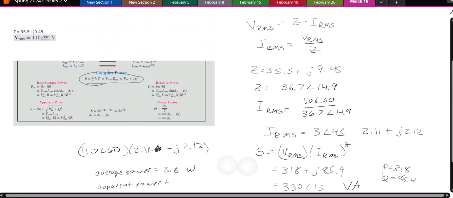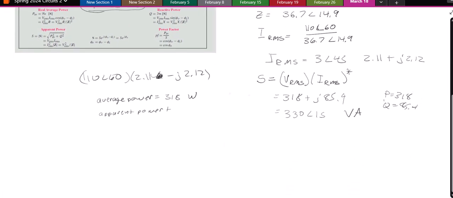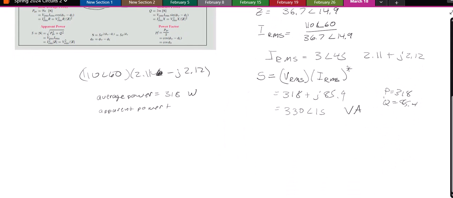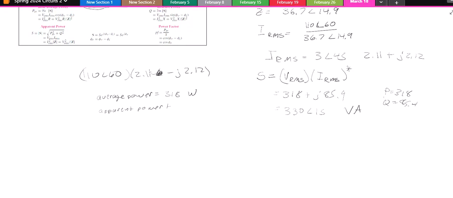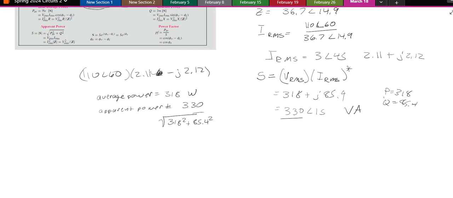So I'll take the square root of P squared plus Q squared, which should be 330, because I already have that too.